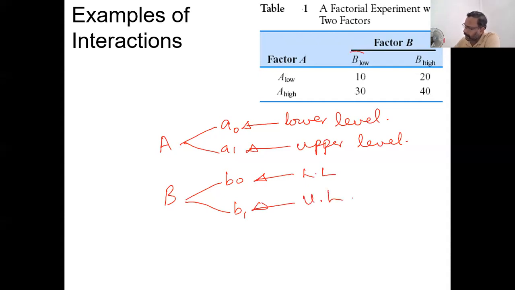So B lower level means B naught, B upper level means B1. And here, this is A naught and A1.